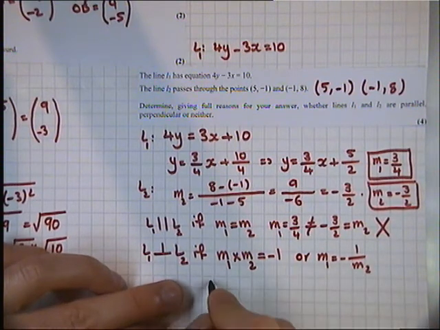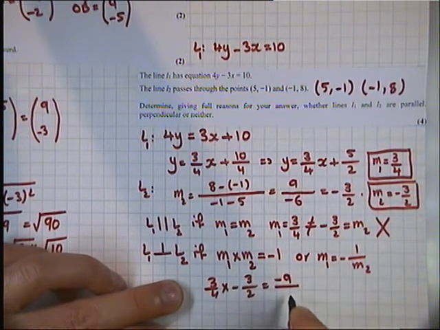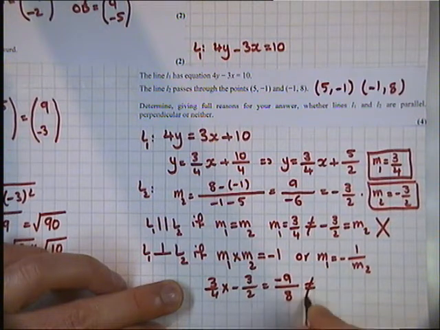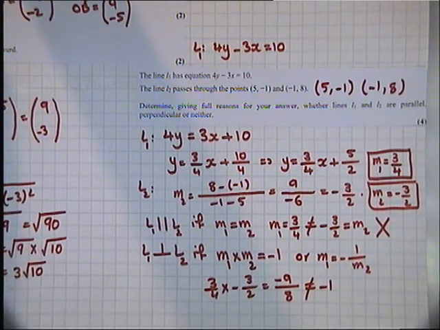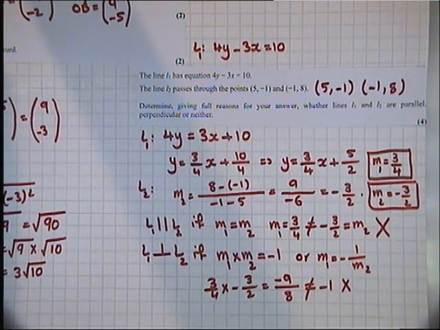Let's see if it's the case. 3/4 times minus 3 over 2 is equal to minus 9 over 8, which is not equal to minus 1. So therefore, they are not perpendicular as well. Okay, so not perpendicular.